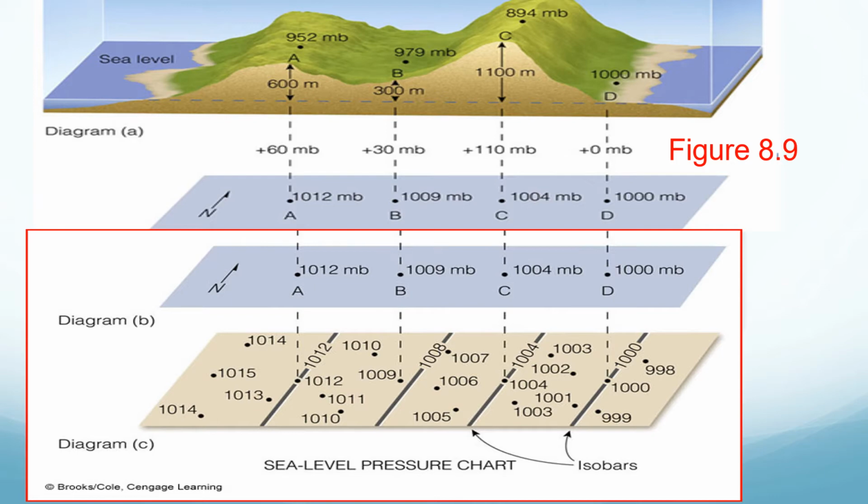Note that the isobars do not pass through each point, but rather between many of them, with the exact values interpolated from the data given on the chart.